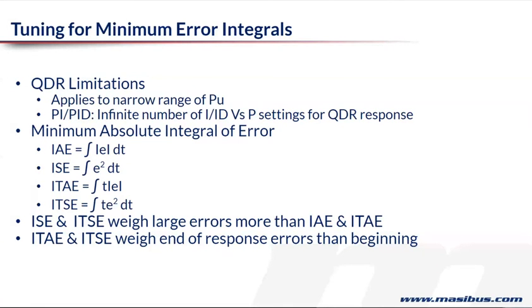This quarter decay ratio formula works over a limited range of the controllability of the process, the PU, which is the uncontrollability factor. It works over that narrow range. Also, for given integral and derivative values, you can have an infinite number of P values, P settings.